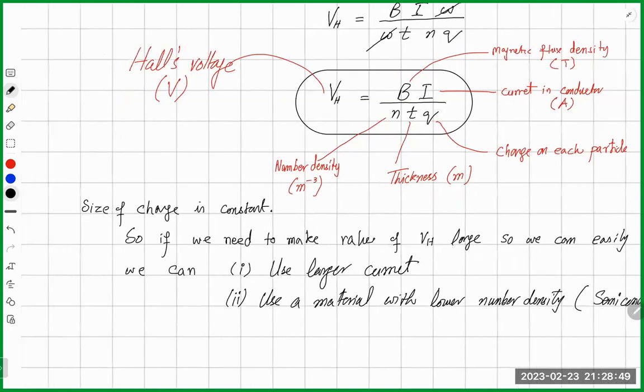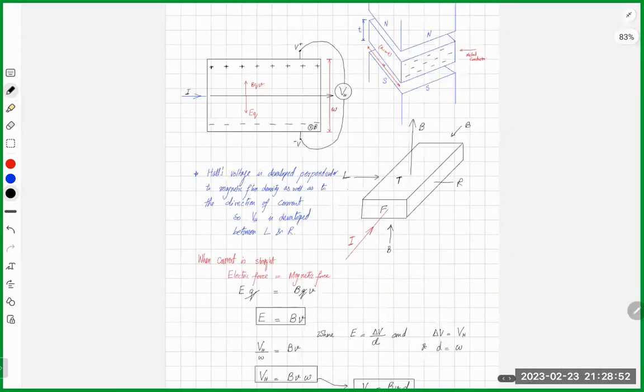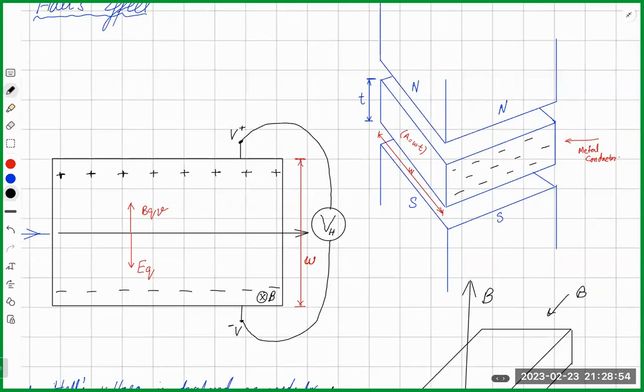Do you remember that to measure this Hall voltage, we had to put a conductor in between the magnetic fields? We put a conductor in between the two magnets to develop that Hall voltage. So the material matters. If we use copper, copper will have a very large N, so the value of Hall voltage will be very, very small.